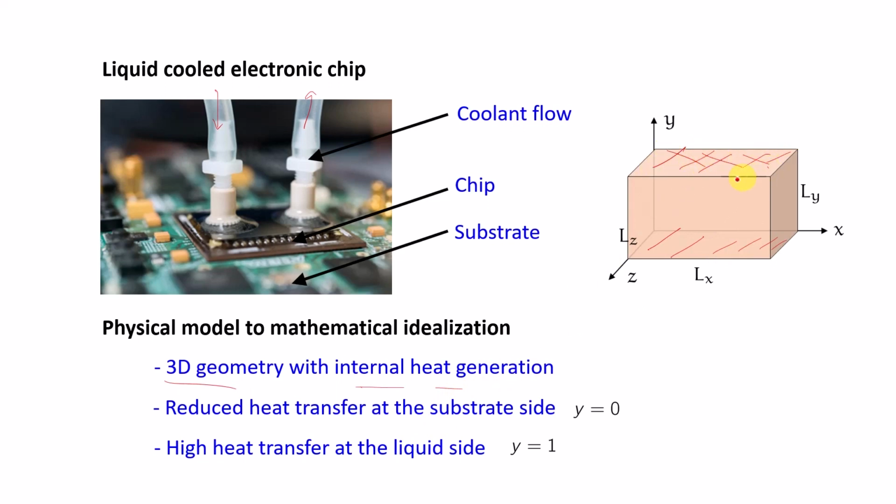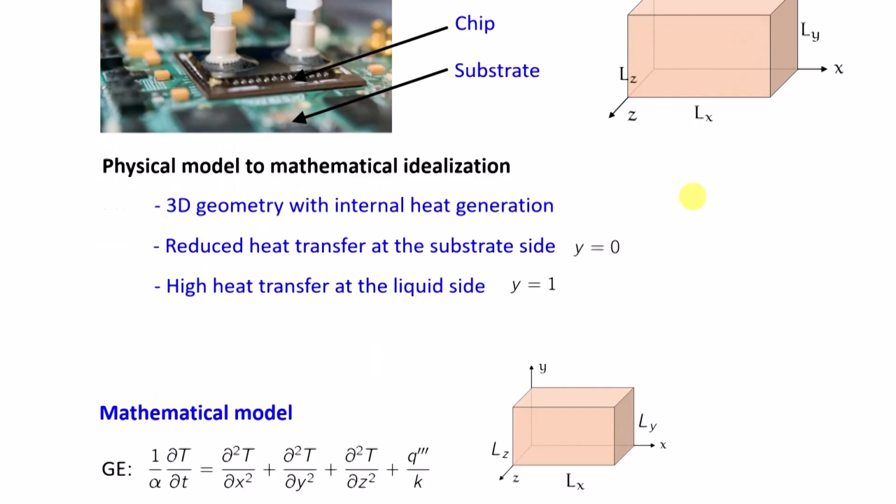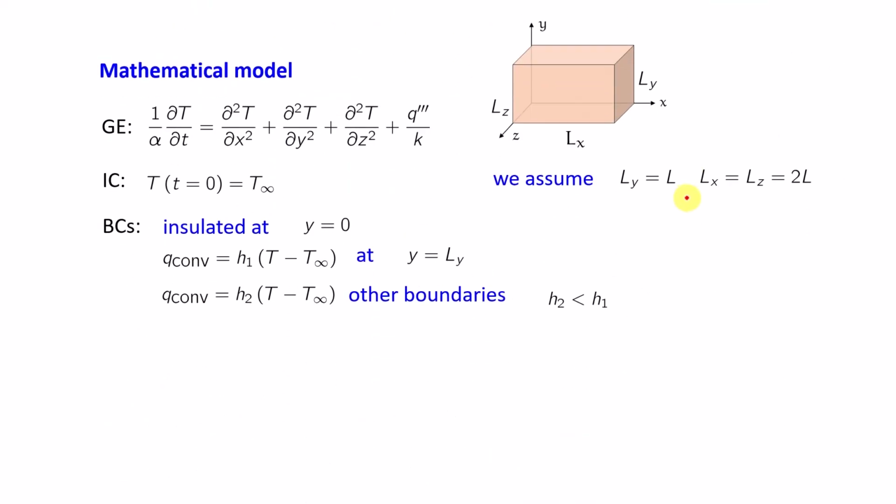Here we have high heat transfer. The dimensions of the chip are Lx, Ly, Lz, and we are taking Lx and Lz as twice L because you have already seen the picture: the base is much bigger compared to the thickness.